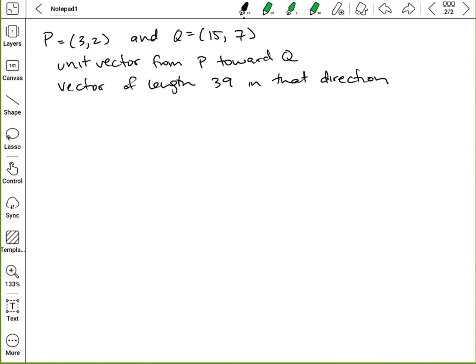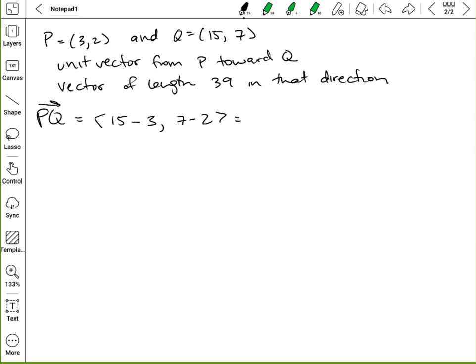All right, so the first part, hopefully once you get to 6, is going to be kind of familiar, finding a vector from a point to another point. So the vector PQ is going to be that vector that starts at P and goes to Q. So I look at the difference from Q to P in the first component and the second component.